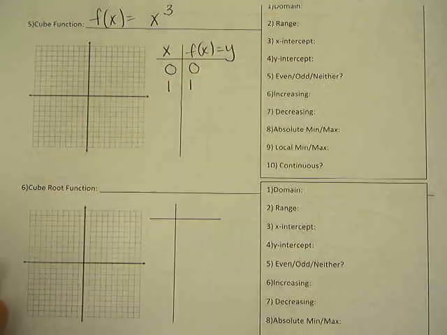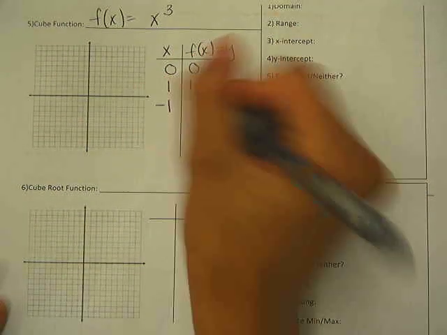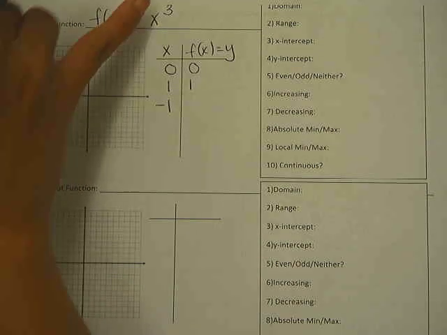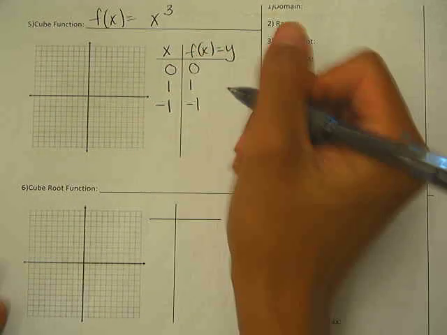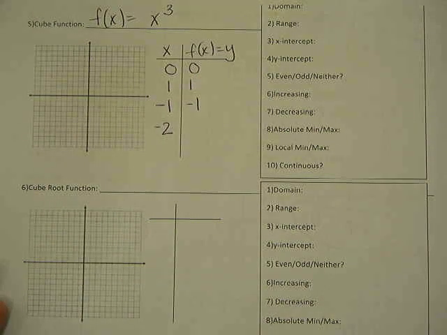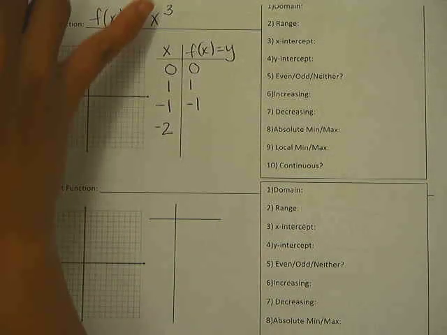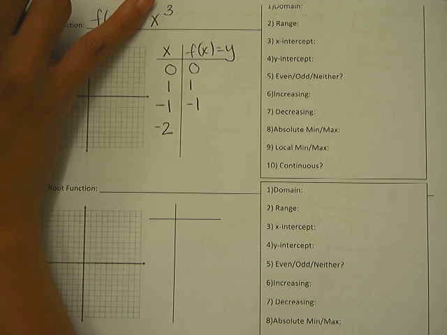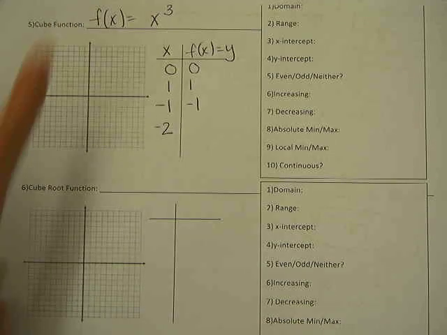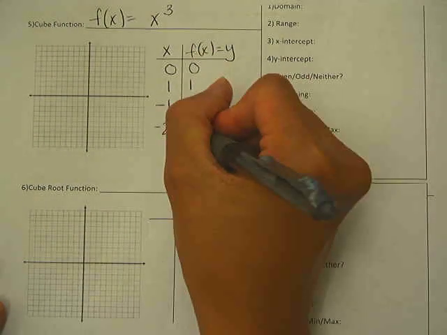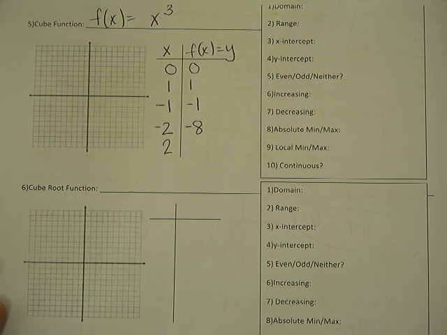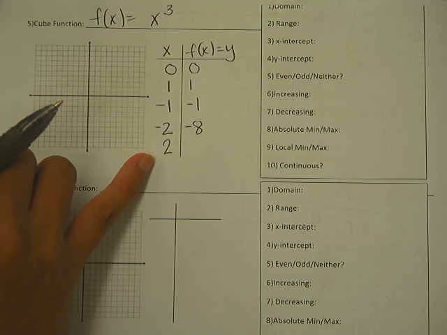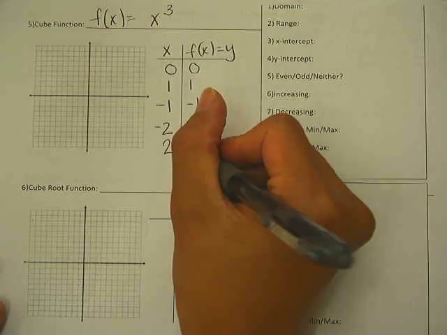Let's do negative 1. Negative 1 to the third power is negative 1. How about negative 2? Negative 2 to the third power is negative 8. How about positive 2? Positive 2 to the third power is positive 8.